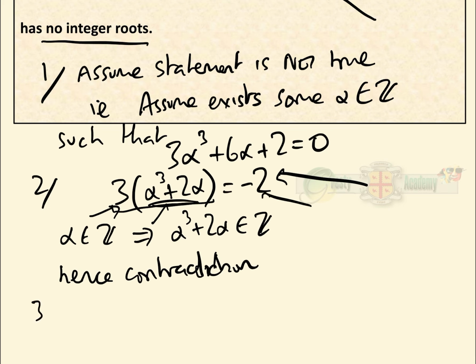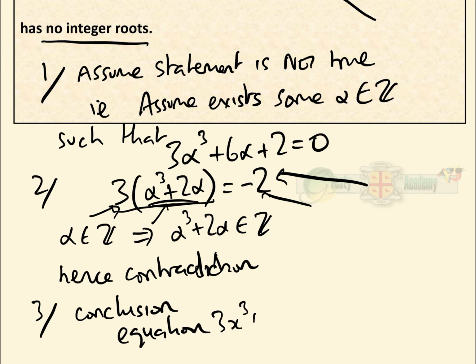And therefore our conclusion is, because of the contradiction, the equation 3x cubed add 6x add 2 equals 0 has no integer roots.